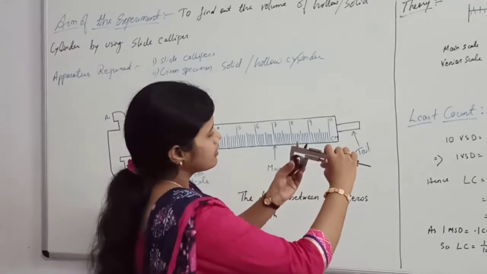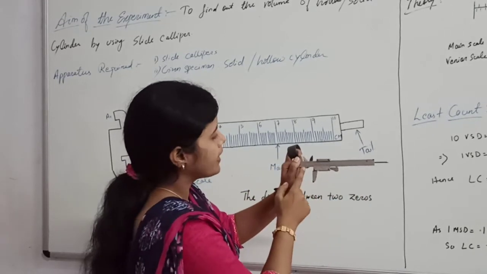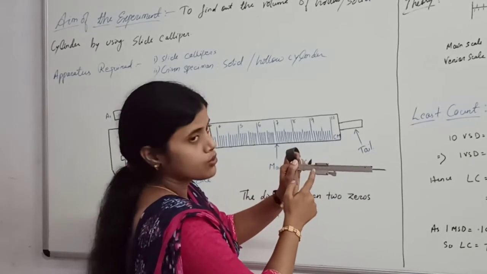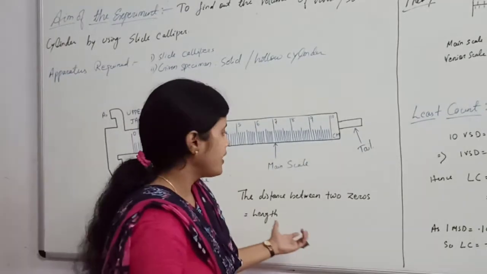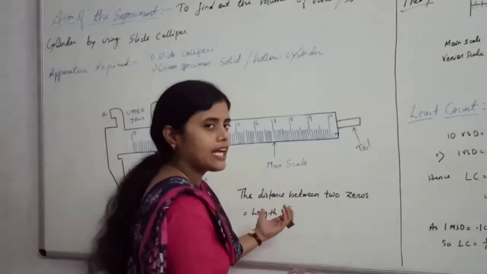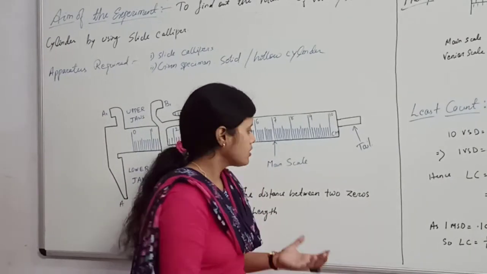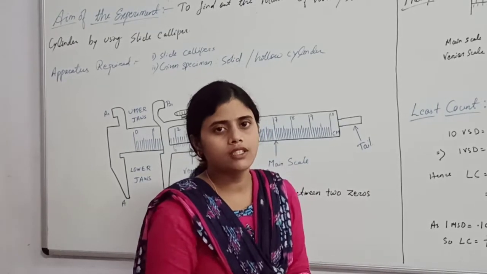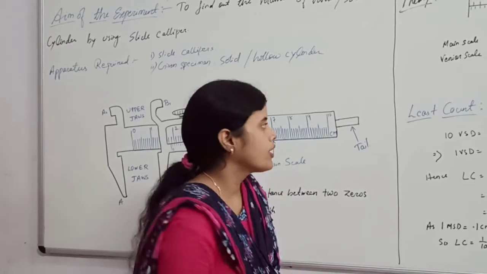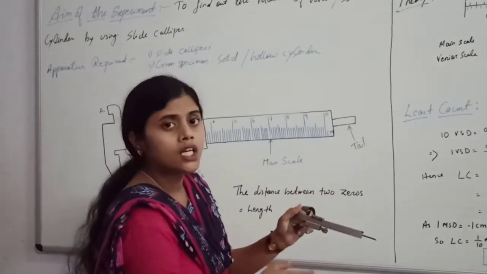So after taking the measurement, I will remove this, and if I will be able to find the distance between these two zeros, then it will give me the length part. So my objective will be achieved, because my objective is finding the length only. Because when we are able to find the length, then it will be very easy for us to find the volume. Okay. So the distance between two zeros will give you the length.